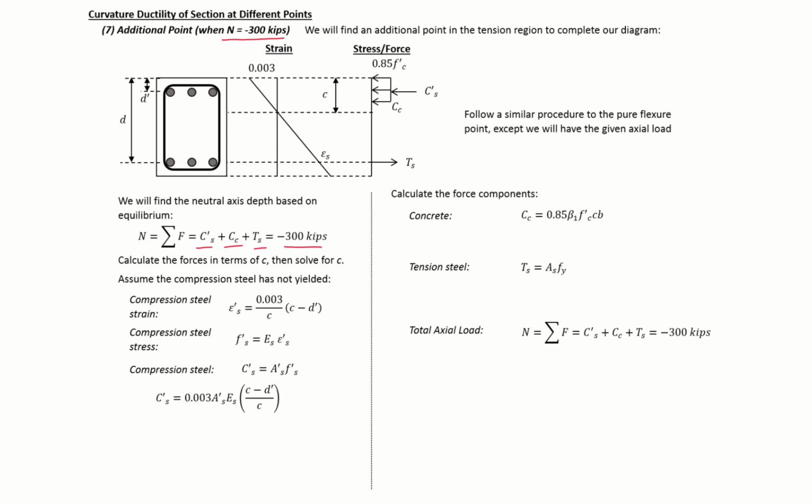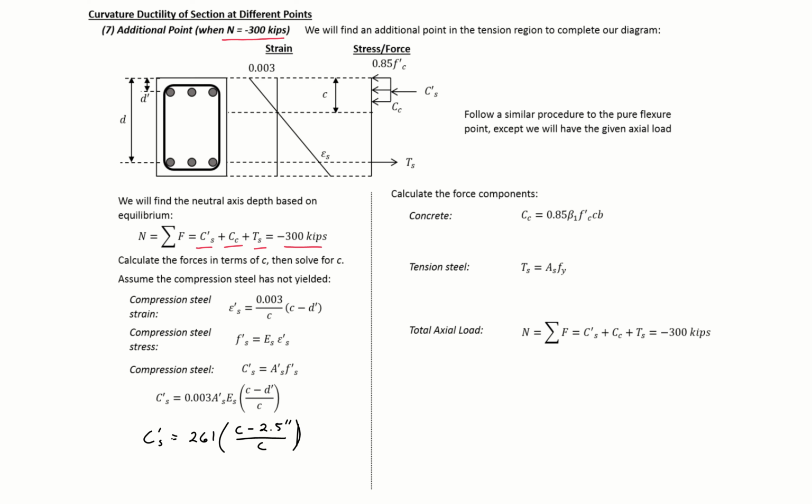So our Cs prime component, we're going to put in terms of c, our neutral axis depth. And we did this math on a previous slide, so we can just plug in directly, and we'll have 261 times (c minus d prime) divided by c is going to equal our compression steel force.